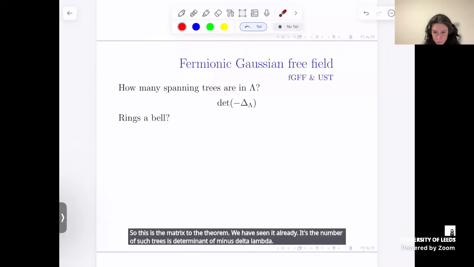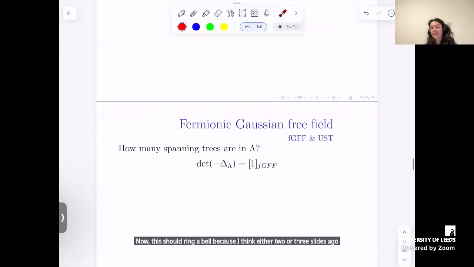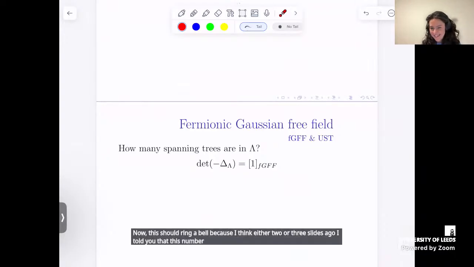Now, this should ring a bell because I think either 2 or 3 slides ago, I told you that this number is exactly what I would call the normalization constant of the FGFF. So it's the entire integral of the FGFF over these variables.